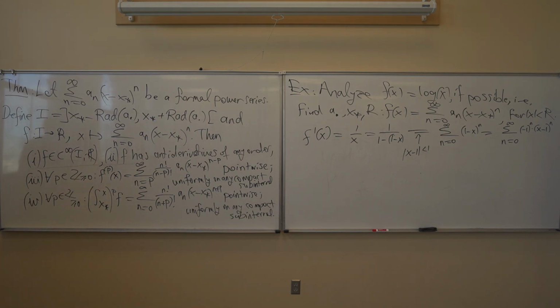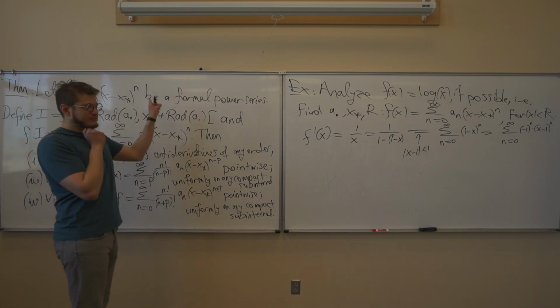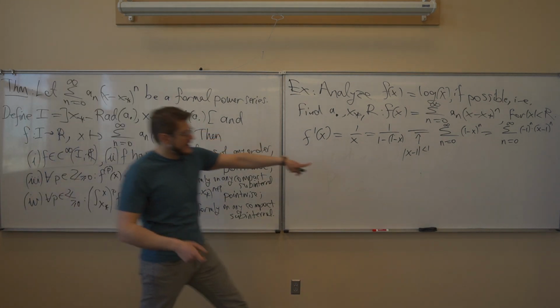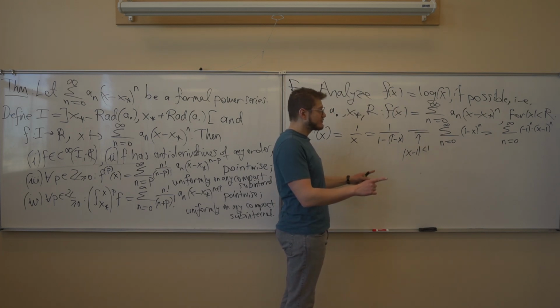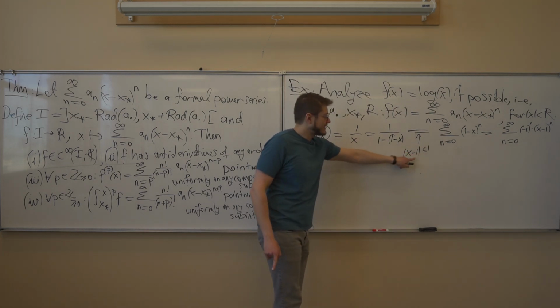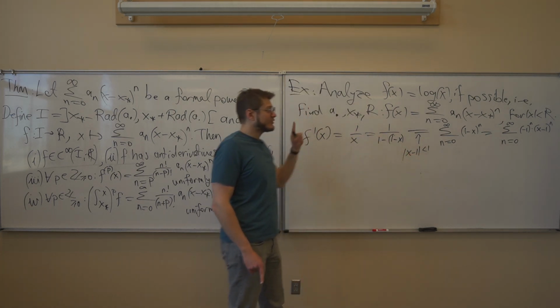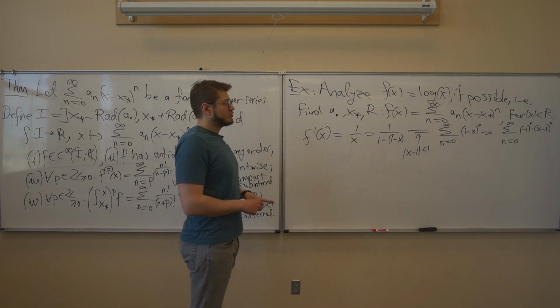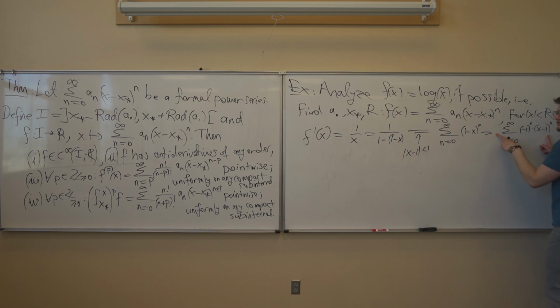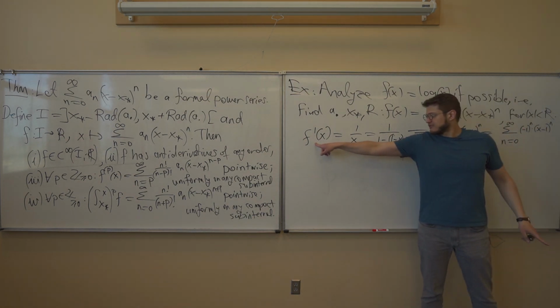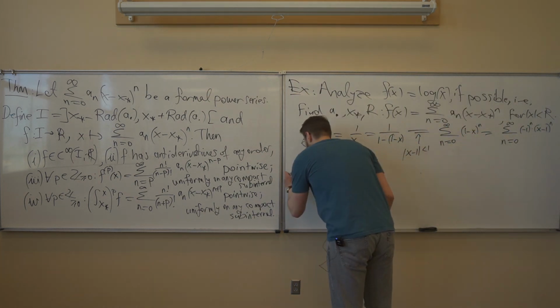Okay. Now, this power series, based on the theorem, converges when x minus 1 is less than 1 in absolute value. And for x's that satisfy this, I can also take the antiderivative. But the point is that if I were to take the antiderivative of this, it's the same thing as f by the fundamental theorem of calculus.